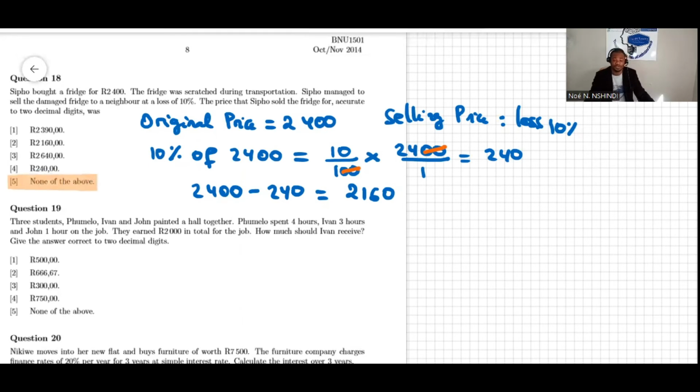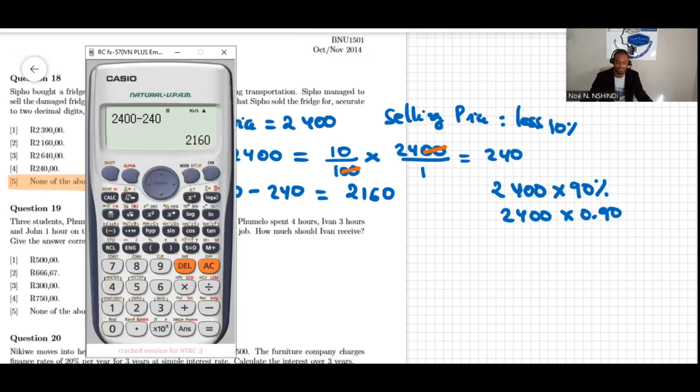An alternative way of solving this is by saying that because the loss is 10%, it means we're selling at 90% of the price. So we can just say 2,400 multiplied by 90%, which is 0.90.